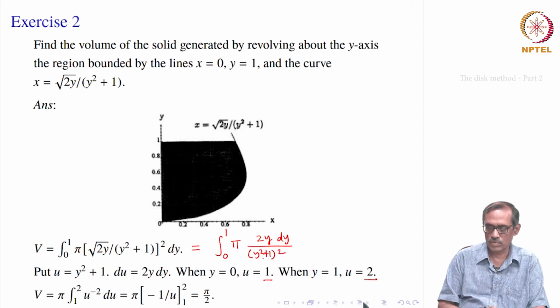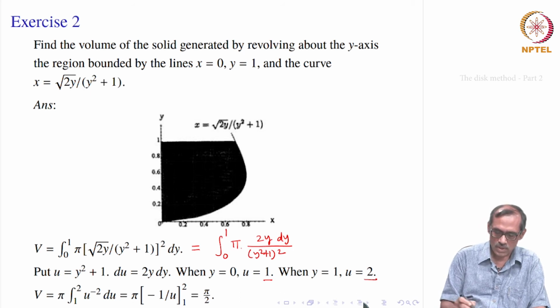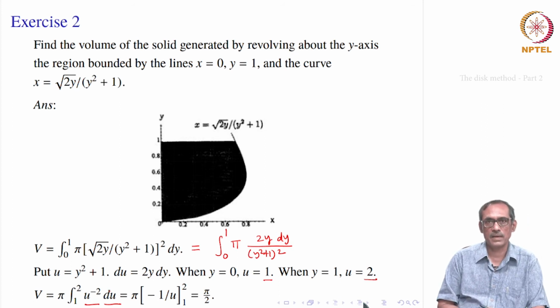That is the reason we have put y square plus 1 as u. So, now 2y dy is du, and y square plus 1 square in the denominator gives u to the power minus 2. Limits are 1 to 2 and that is the correct integral.